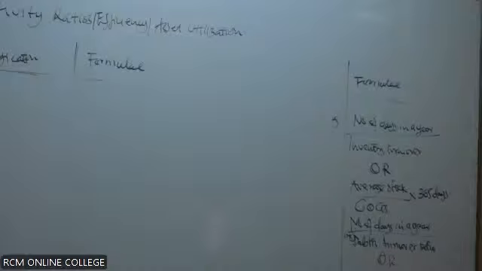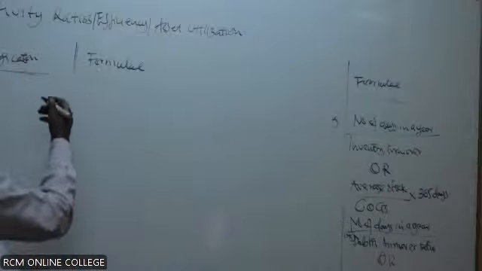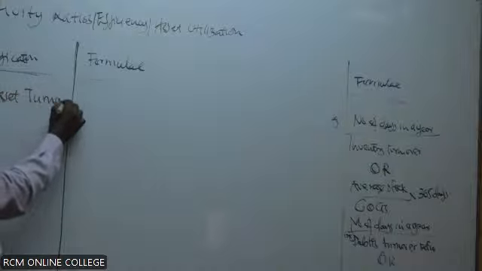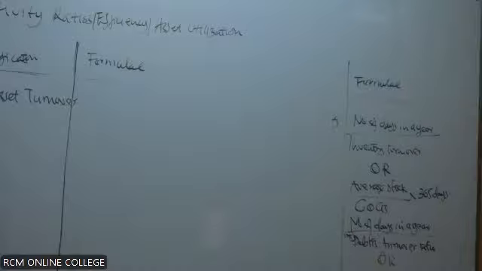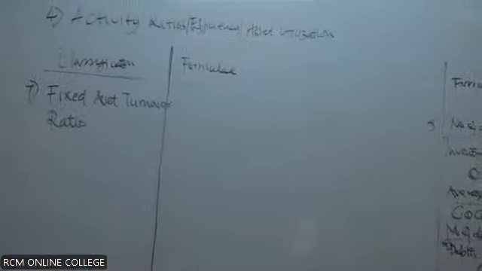So number 7, in this case, we can have the fixed asset turnover ratio. So there it is.